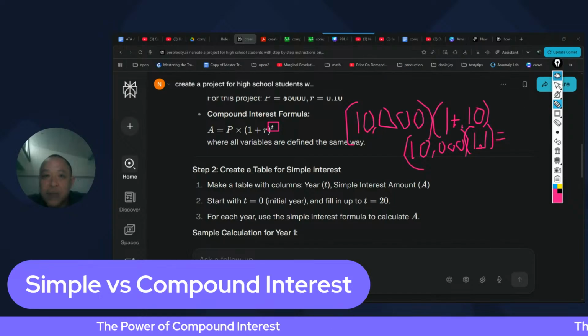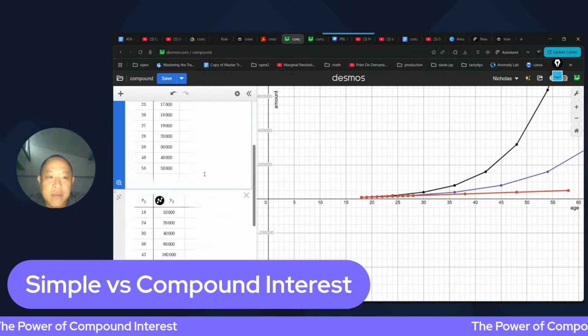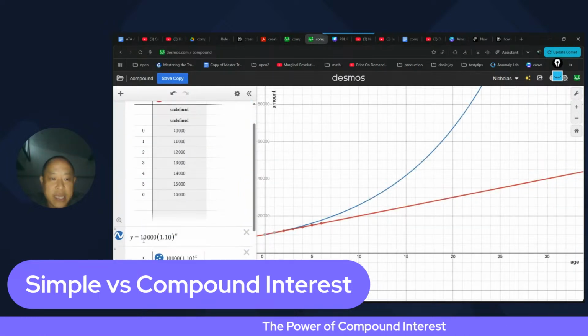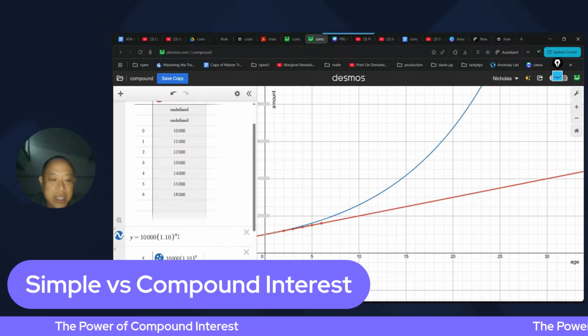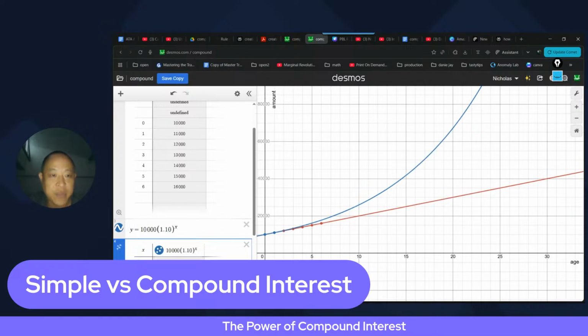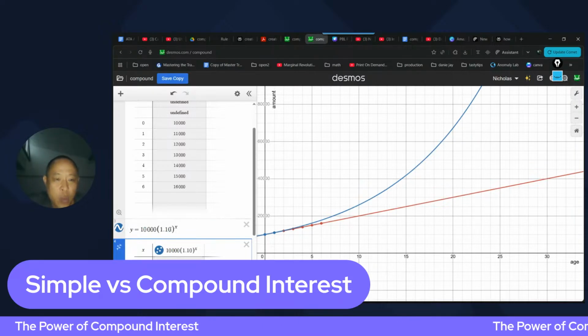So what does that give you? If we put it into the formula here, 10,000 times 1.10, if x is 0, anything to the 0 power is just 1. That's why you get 10,000. But if you put 1 in here, you have 1.1 times 10,000, which gives you 11,000.